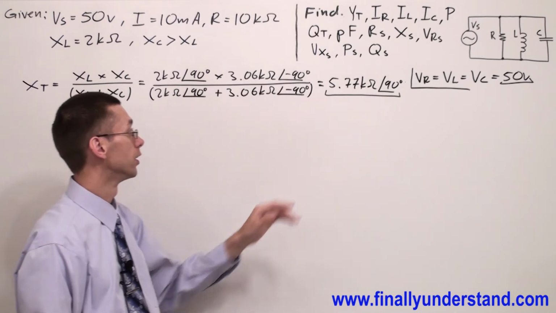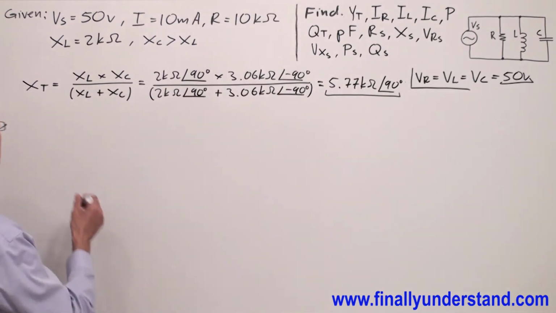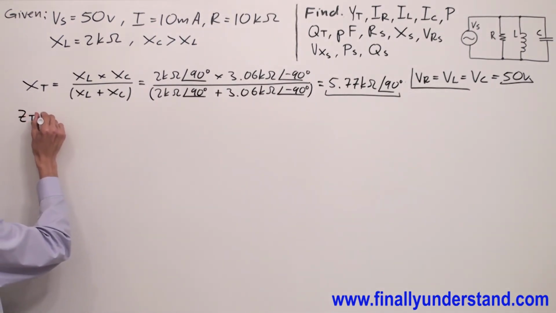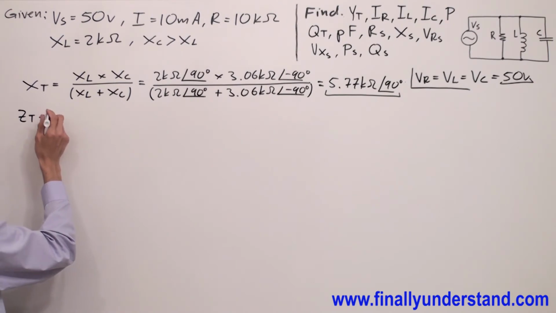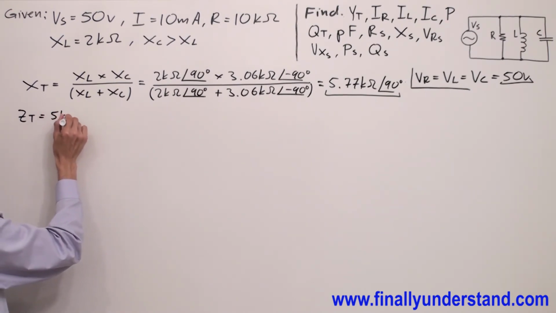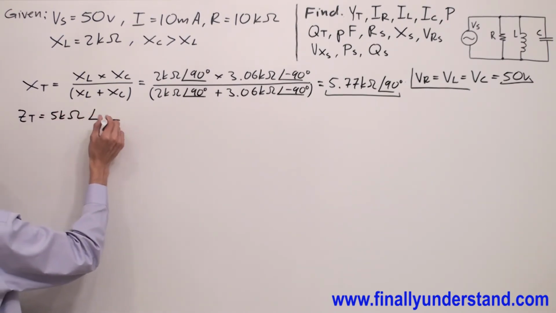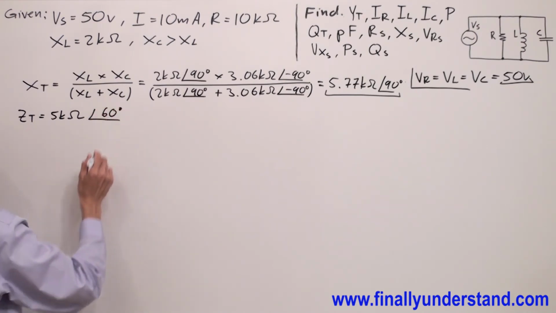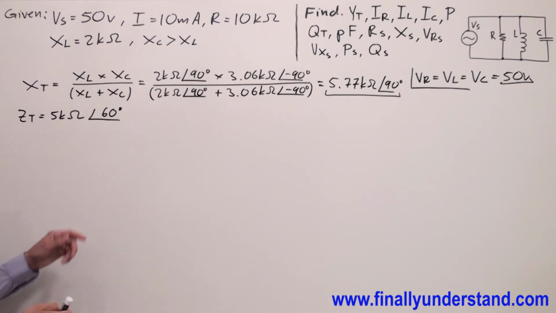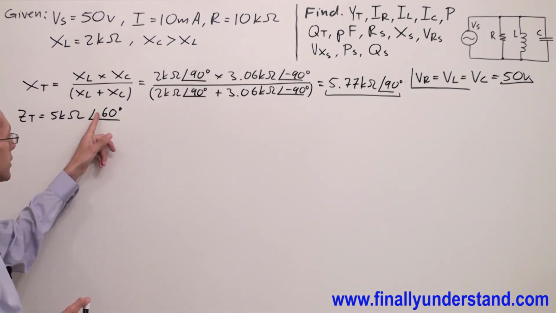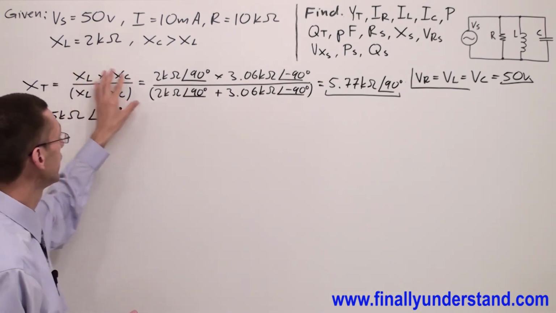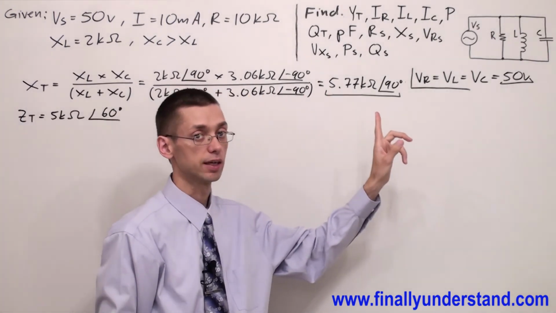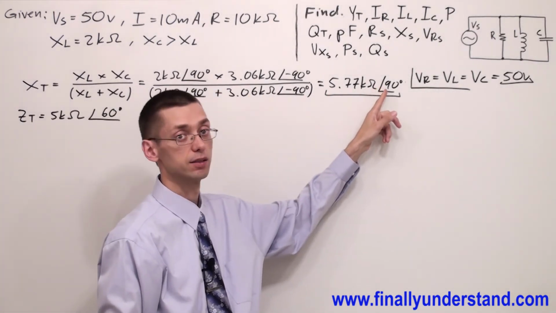That's why Z total, which we obtained, was equal to 5 kiloohms, and we found an angle of 60 degrees, and we left this angle positive because the combination of inductor and capacitor gave me a positive angle.